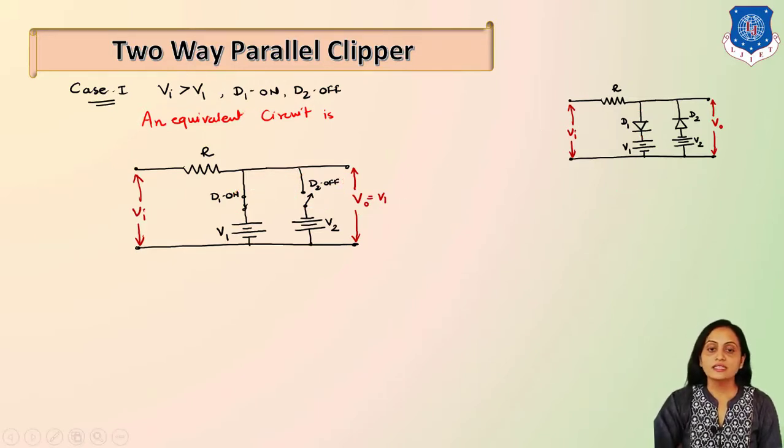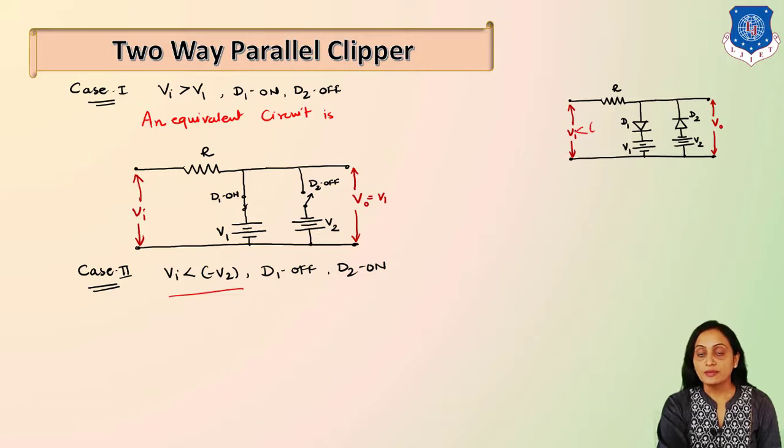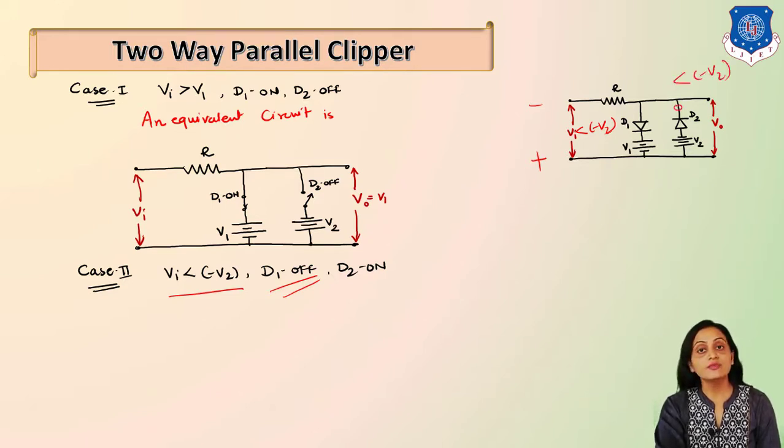Now let us consider case 2, where Vi is less than minus V2. When Vi is less than minus V2, that means the input is definitely negative, and due to that D1 will remain off, in reverse bias, because its anode is connected to minus. But what happens to D2? The D2 cathode terminal is at less than minus V2 and the anode terminal is at minus V2.